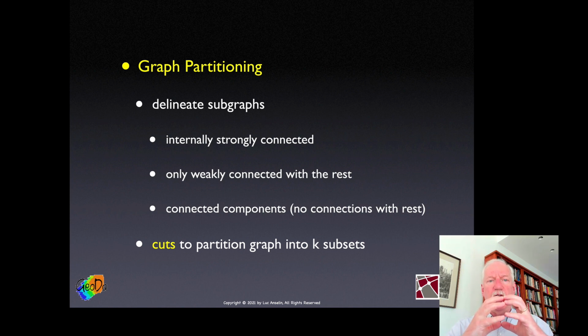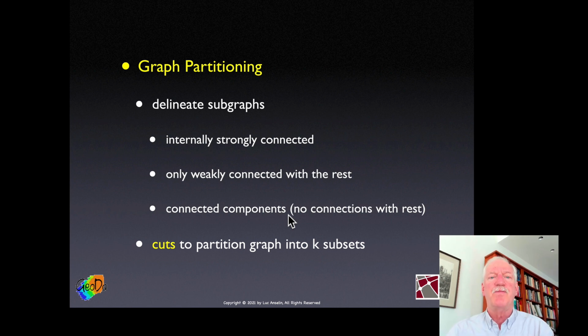So internally connected, not connected between themselves, we have a block diagonal matrix. So each of these blocks forms a subgraph, and that is an ideal situation where we have so-called connected components. So connected components are connected internally, as in a block diagonal weights matrix, but are not connected with the others.